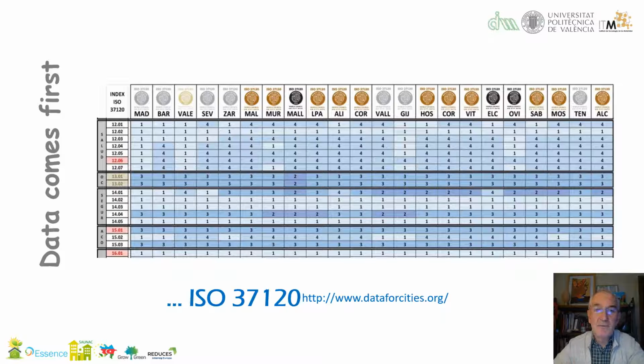At the top, for the decision making, we have the ISO 37120, which is adopted by a set of cities and presented on the website that you see the link below, dataforcities.org.